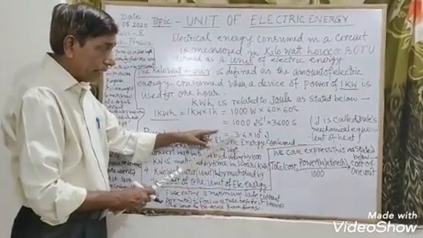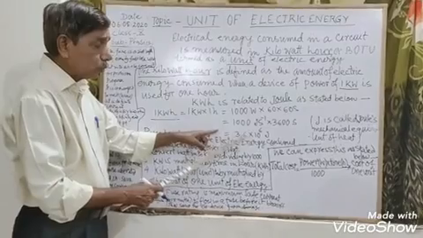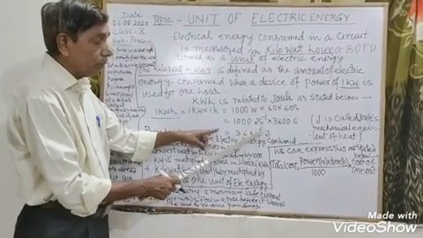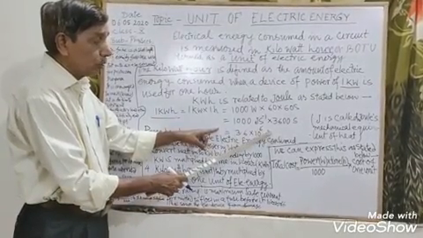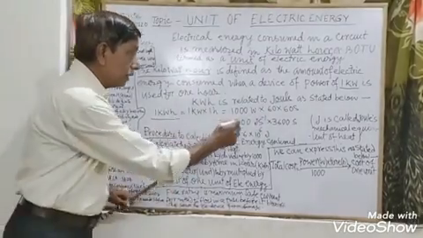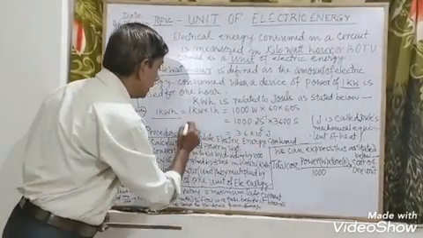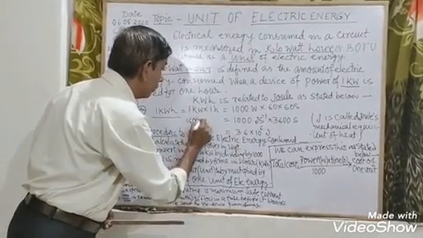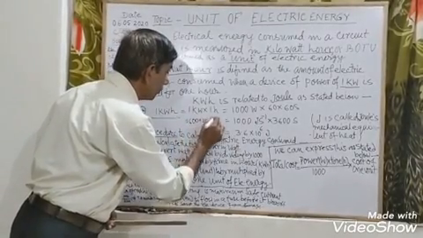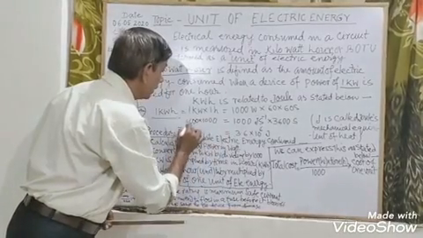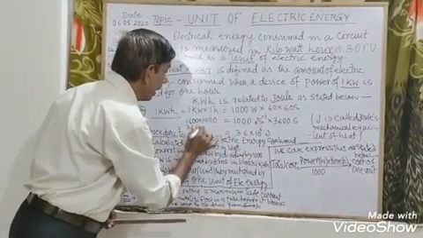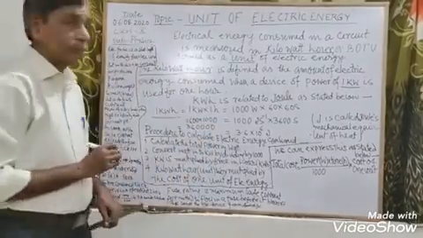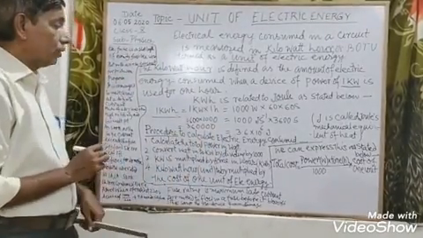So we can write here it is 3.6 into 10 to the power 6 joule. How? If we multiply 3600 with 1000, what do we get? 3, 6 and zeros.